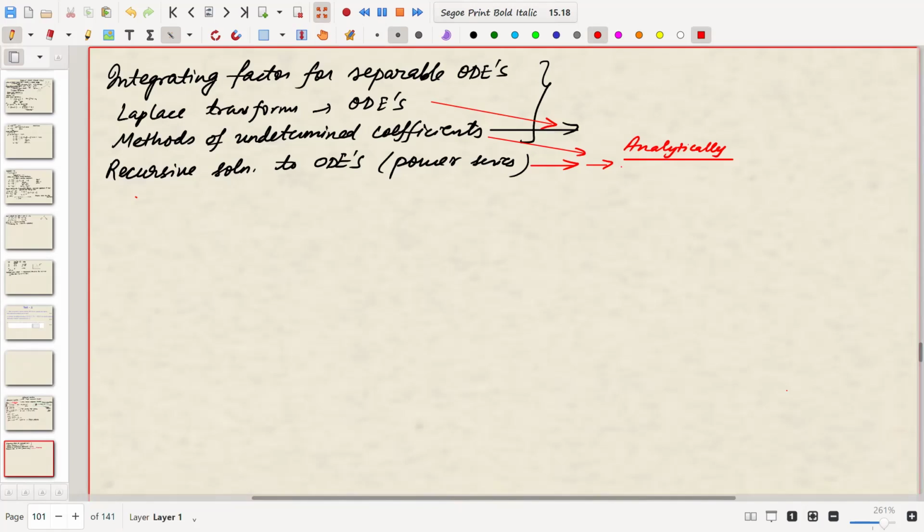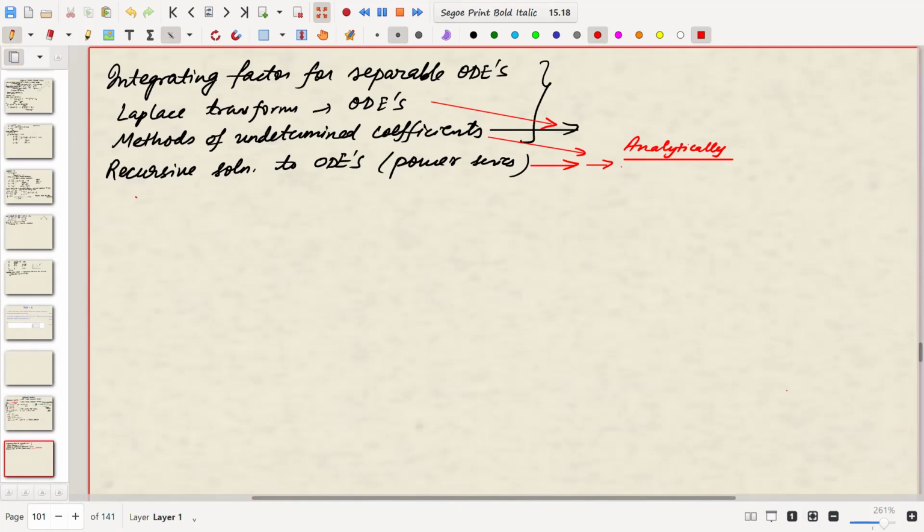But after that, I never came across this method. It is good to know that there is a method like this where you can approximate the solution using power series. These are all analytical methods, that means you can directly find the solution y, the expression for it. But these are very hard analytically, to be honest.